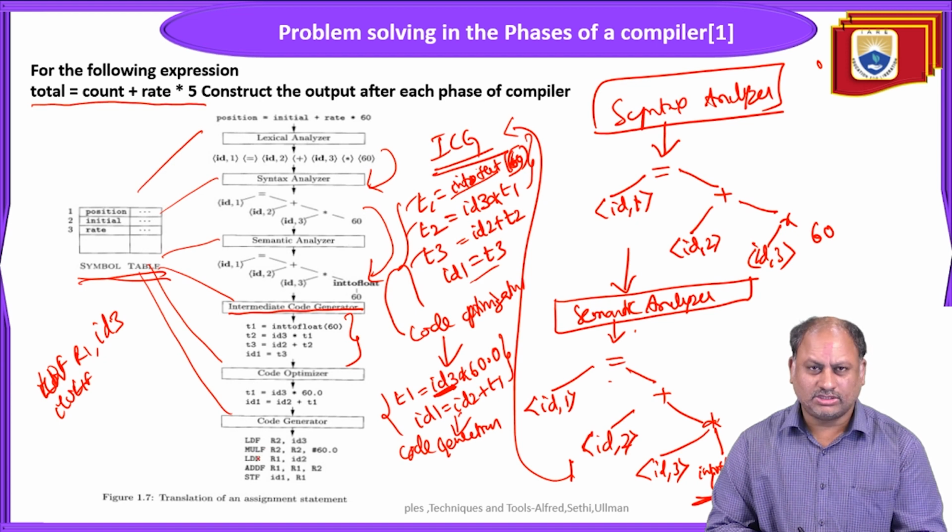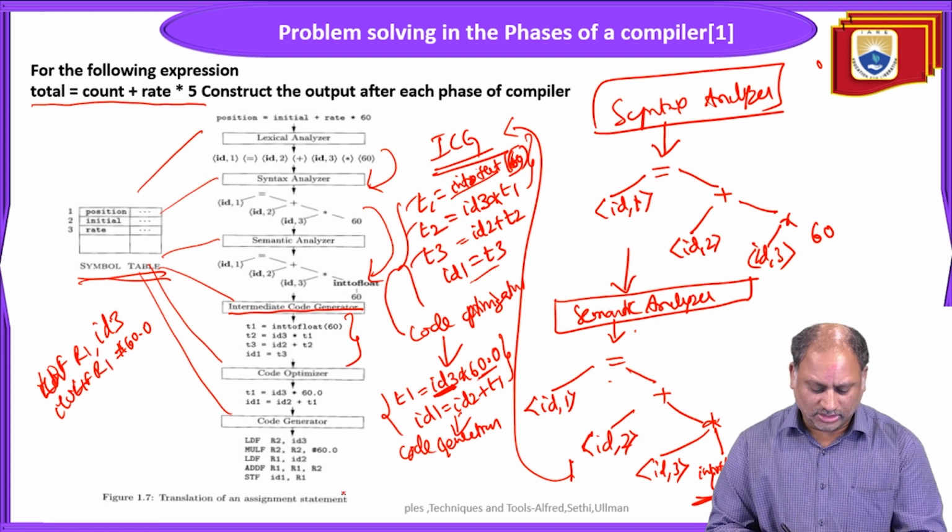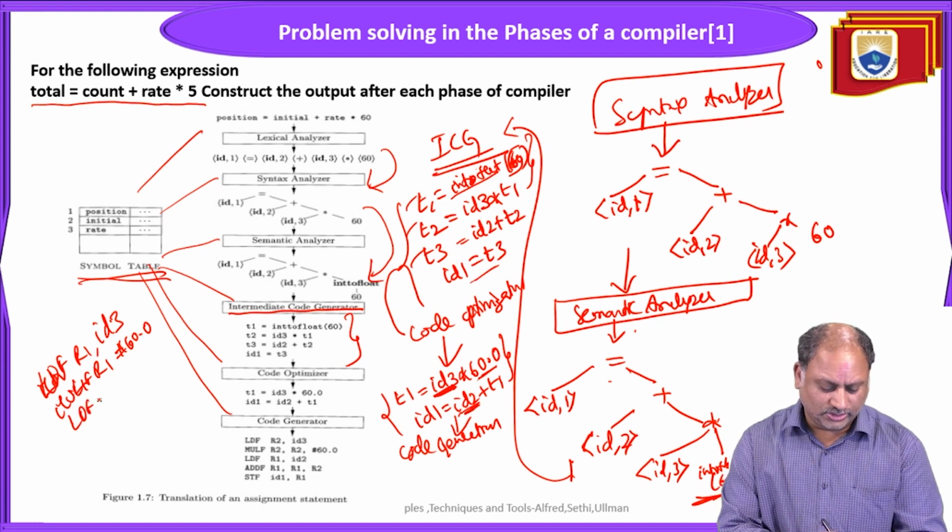Now the second instruction is multiply F, where we multiply the register value with the constant 60, which is written as 60.0. Now we take one more register for loading, with a load or move instruction, say register R2, which contains the information of identifier 2.